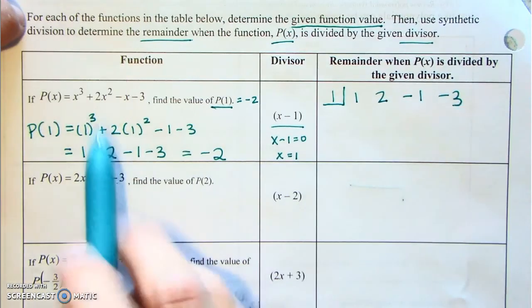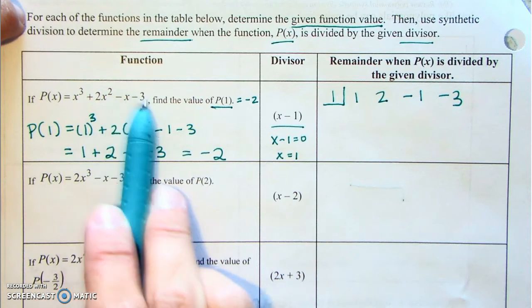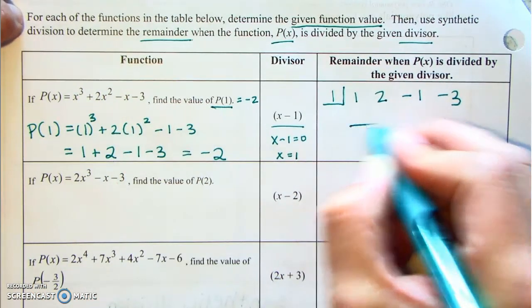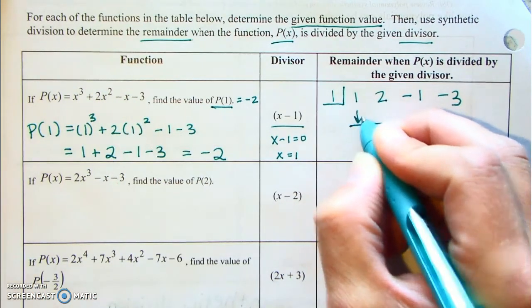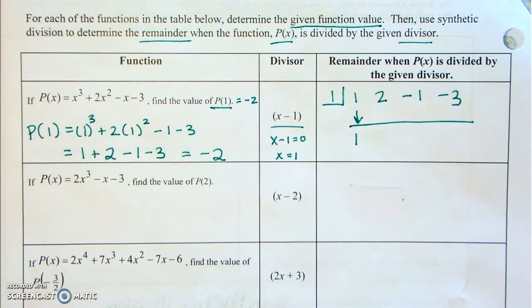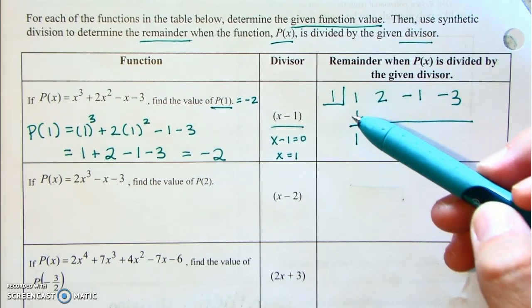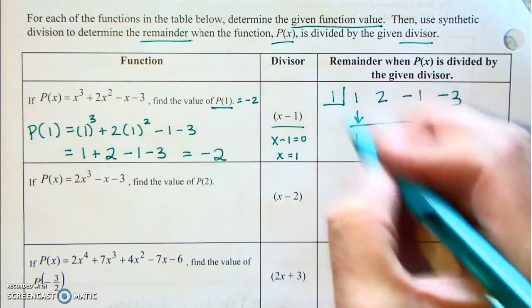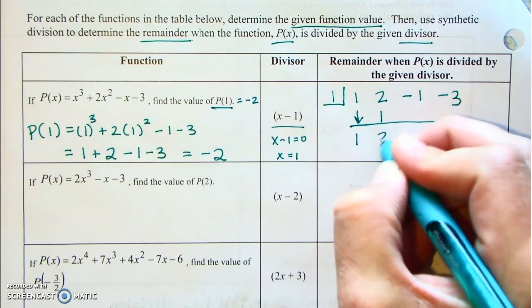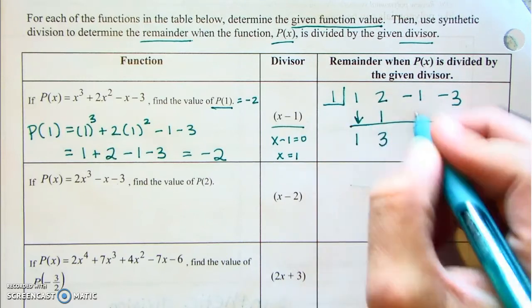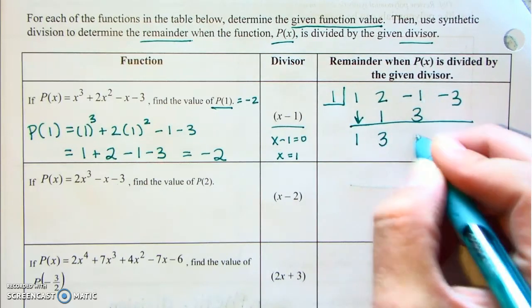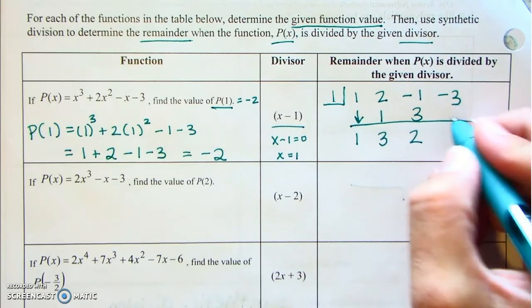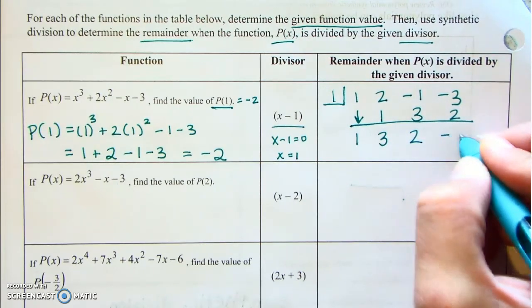Were there any missing? Cube, squared, 1, 0. Skip a line, draw a line, bring down the first term. Good? Ready? Multiply, add. The rest should take 5 seconds. Multiply 1 times 3 is 3, add down. 1 times 2 is 2, add down.